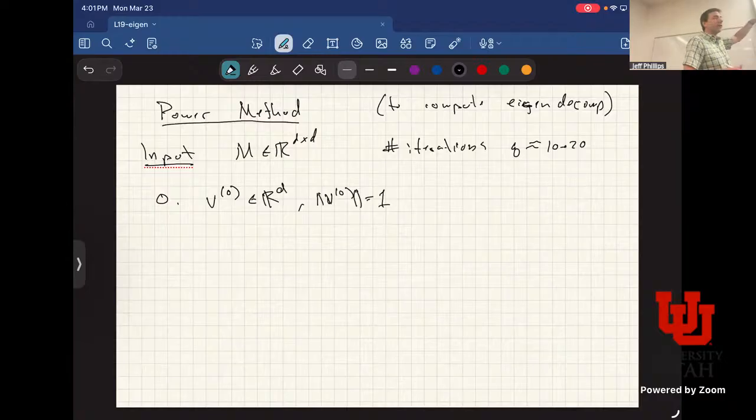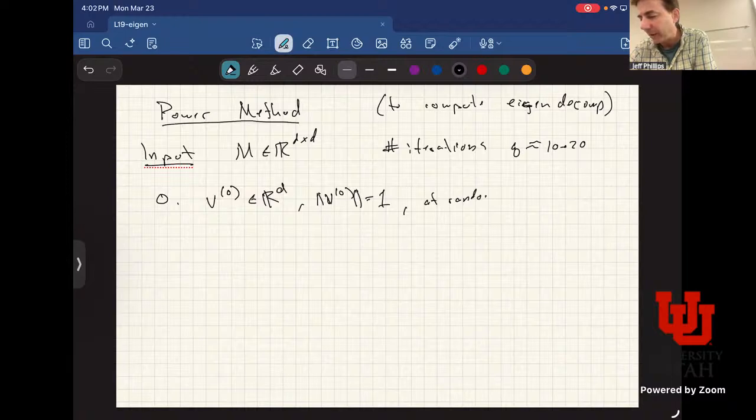This is the 0th version of it, and I'll write the index inside parentheses to represent that. And this is going to be picked at random. It's kind of annoying that you have to pick it at random, but it has to be a random unit vector. I'll say a little bit later about why that's trickier than it sounds.